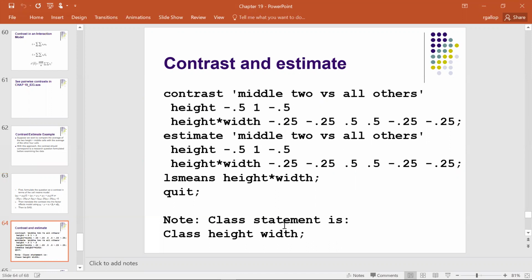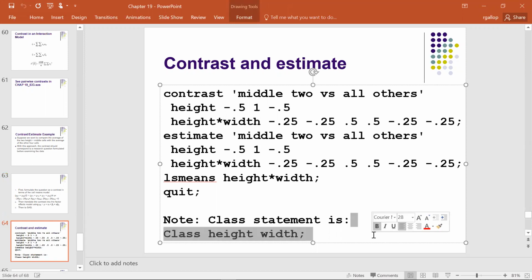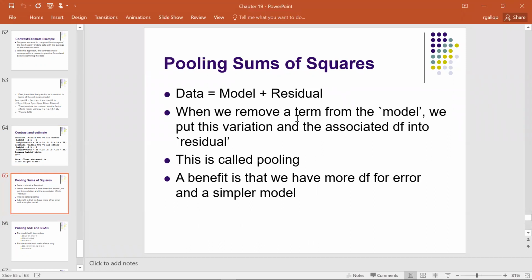So again, we have to keep in mind that the ordering of the iteration all depends on the class statement. That determines everything. If for some reason we're dealing with something that has a fraction like 1/3, remember the divisor command we had in chapter 17. You may need to use that again as we move forward.